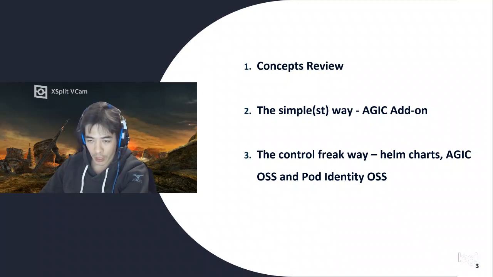One with the add-on, and the second one with the open source and community tools, which are AGIC, the Helm chart, and all the related dependencies, which are mainly open source projects. Okay, let's get started now.